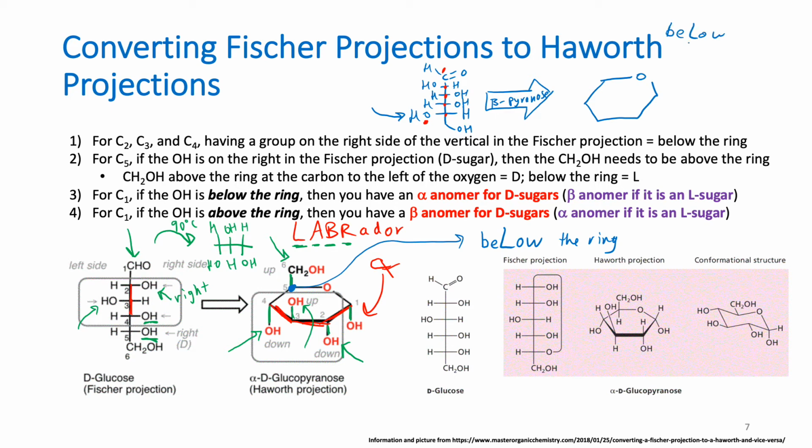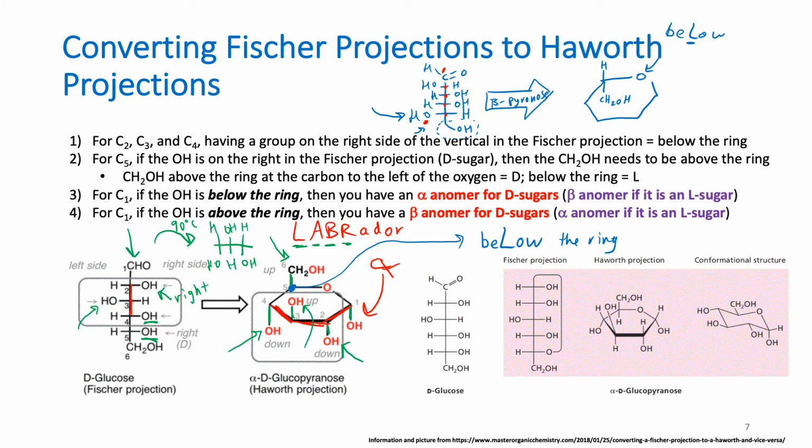Therefore, I'm going to put it below the ring. So I'm going to put CH2OH because that is what's attached to that particular carbon, okay? And then it's also attached to an H, and that OH indicated by the red dot right here is going to be the O in the ring, okay, because it did the attacking.